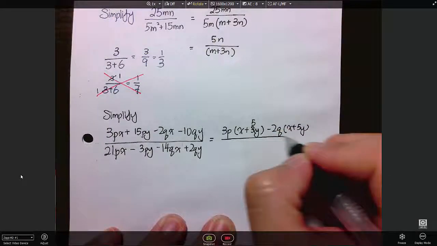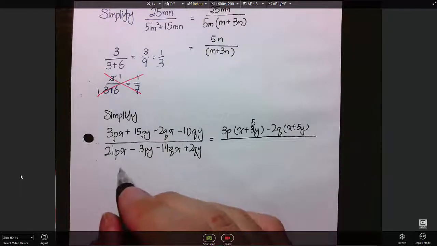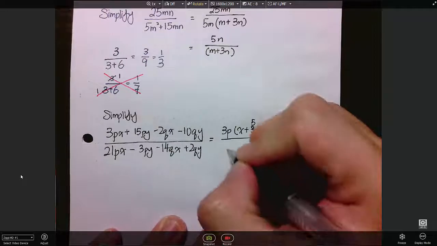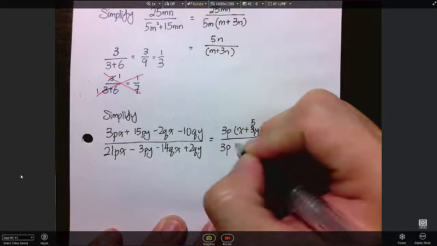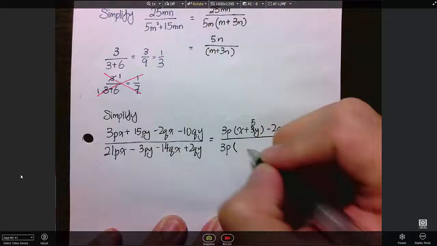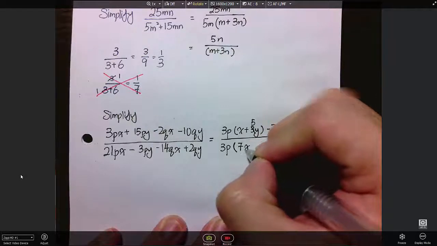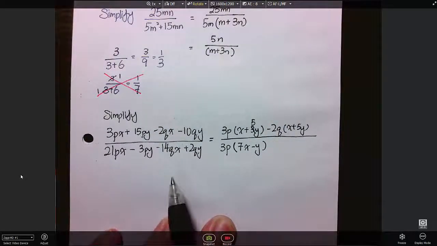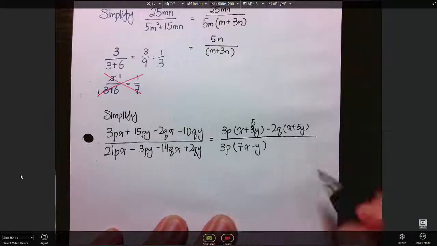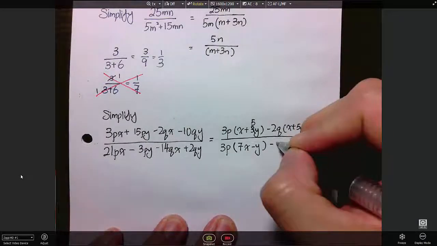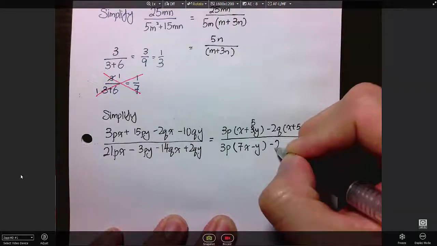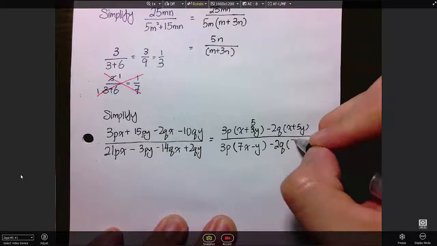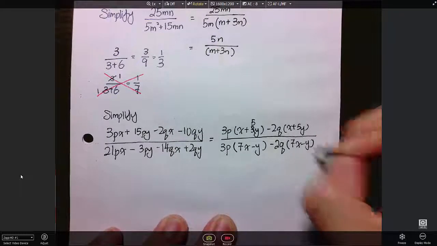In my denominator also I start to do factorization by grouping. 21px and negative 3py, I can factorize 3p, so I'm left with 7x minus y. Here what I can factorize is negative 2q, and what I'm left with is 7x minus y.